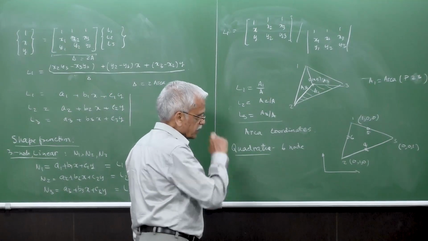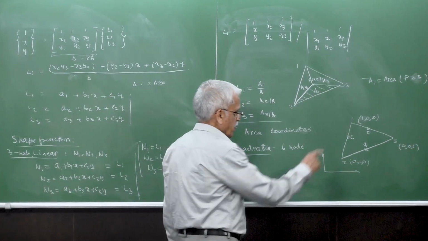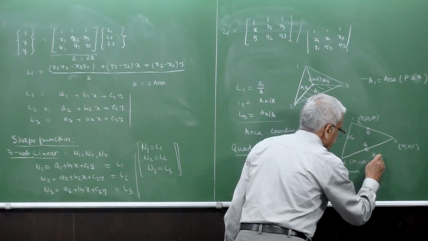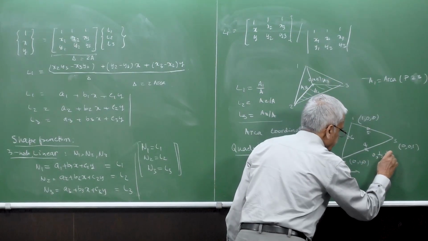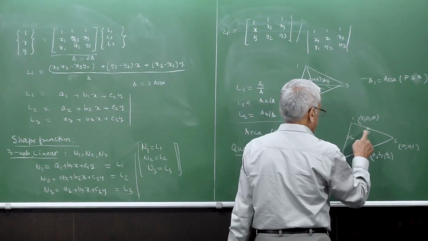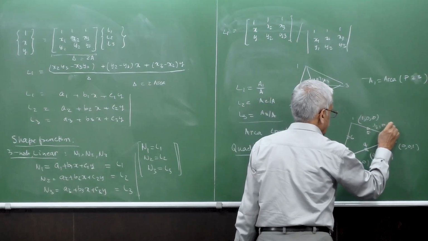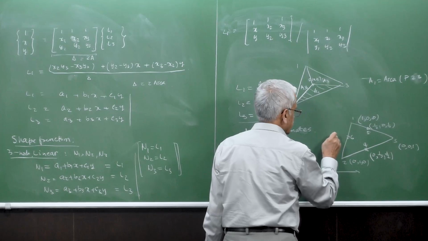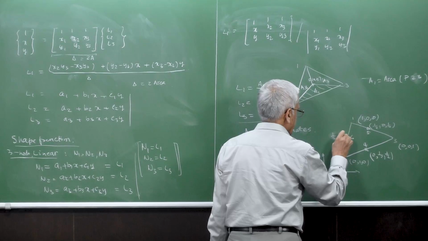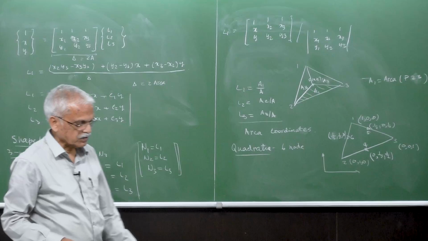You can find that node 4's first natural coordinate is 0, and the other two are half and half, because it's half the area. Similarly, 5 has half, 0, half, and this is 0, half, half. So you can go from one to the other very quickly.